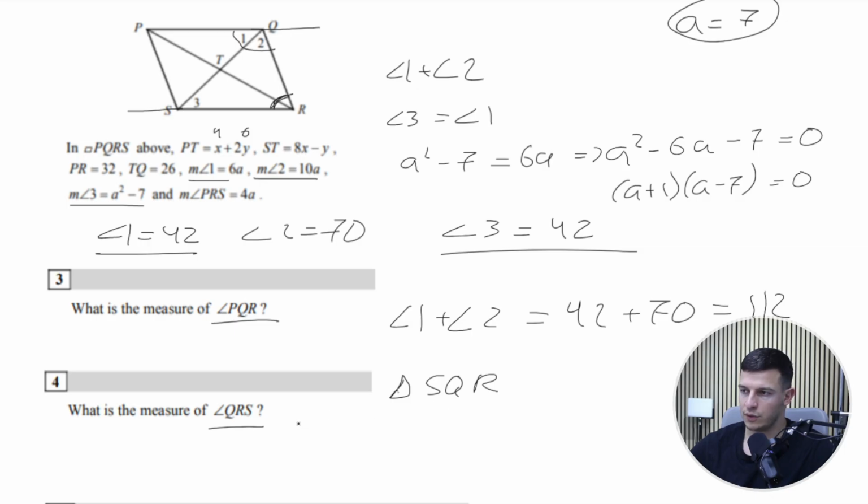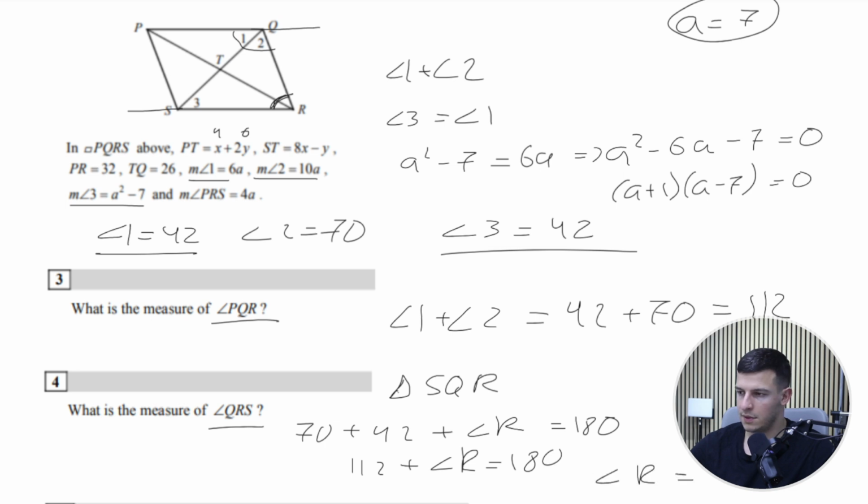So 70 plus 42 plus this angle that we're looking for, let's call it R, should be equal to 180 degrees. So this is 112 plus angle R equal to 180, and then angle R is going to be equal to 180 minus 112, which I want to say 68. Let me write it here so you can see. Angle R equal to 68 degrees.